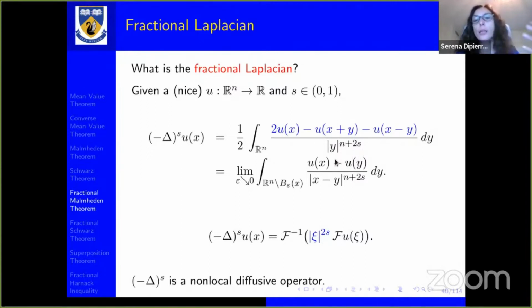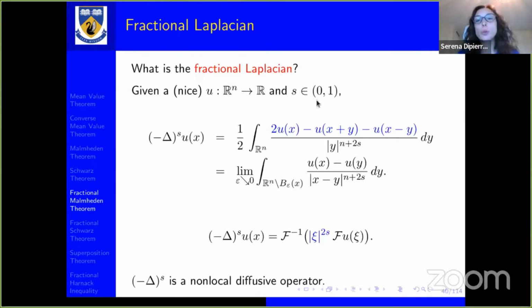Yesterday someone also mentioned other possible operators. One can consider more general operators, comparable with the kernel of the fractional Laplacian, or with a different type of decay. But let me stick to the case of the fractional Laplacian, which is in a sense the prototype example and possibly the simplest one.